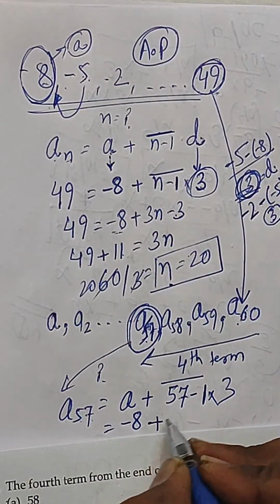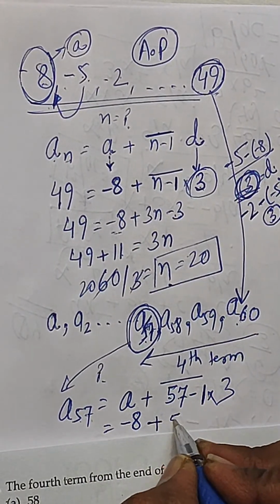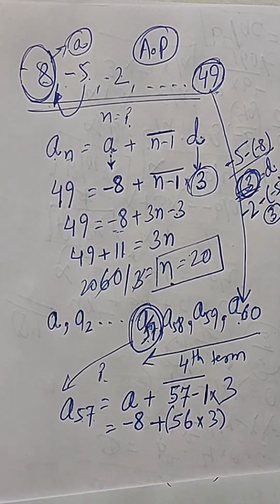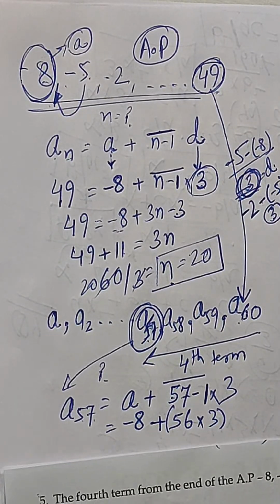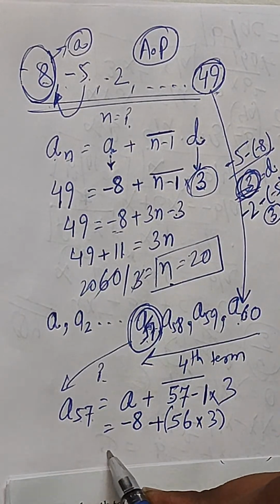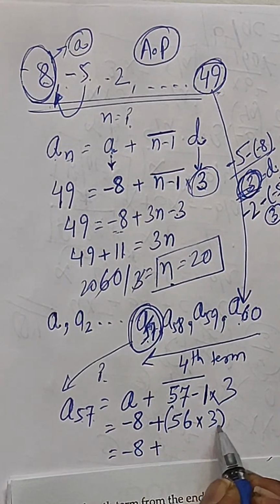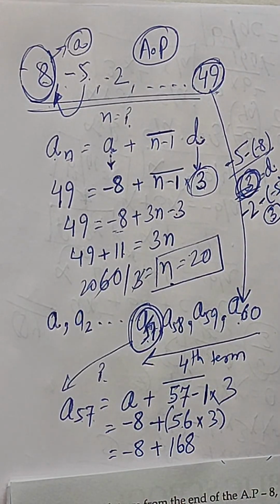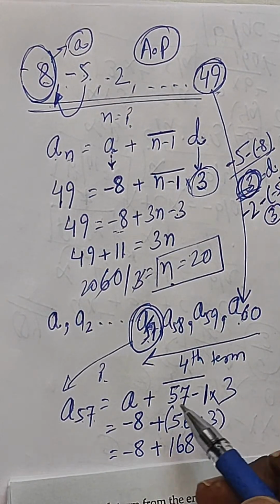So minus 8 plus 57 minus 1 is 56, so 56 into 3. This will give you minus 8 plus 3 into 6, 18, carry 1, 168, right? So 168 minus 8. One minute.